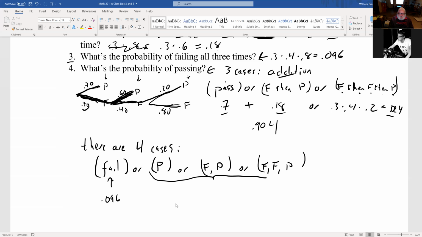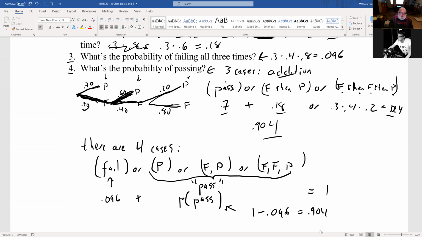These 3 together, right? That's what we're asking in problem 4. What's the probability of passing? So what has to happen? Well, one of these 4 cases has to happen, right? Either you fail the test, or you pass it the first time, or you fail and then pass, or you fail, fail, and then pass. So 0.096 plus the probability of passing has to equal 1. So what is this? 1 minus 0.096, which is in fact 0.904.